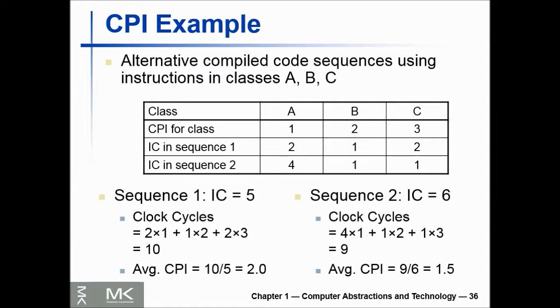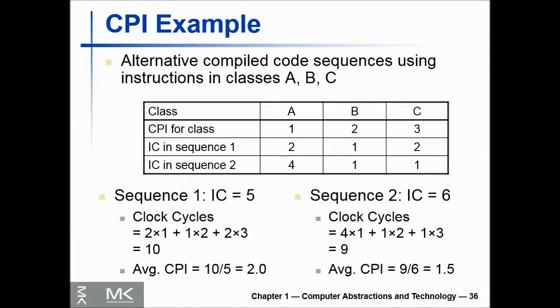For the second part, which will be faster, we use the formula CPU clock cycles is equal to the sum of CPI multiplied by instruction count. After putting the values, we get clock cycles is equal to 2 multiplied by 1 plus 1 multiplied by 2 plus 2 multiplied by 3, and the answer is 10.